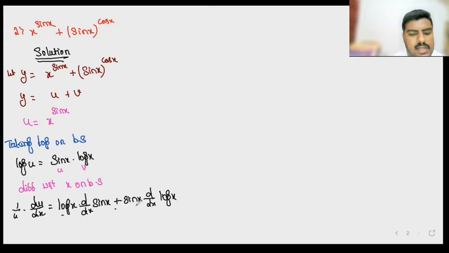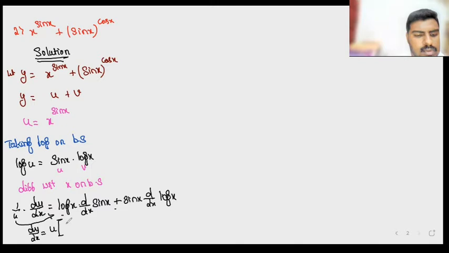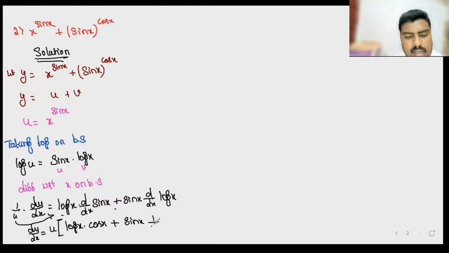Got it? So this u should go to this side. So du by dx equals u into log x into d by dx sin x, that means cos x, plus sin x into d by dx log x, that means 1 divided by x. Got it? So now all of you should observe.